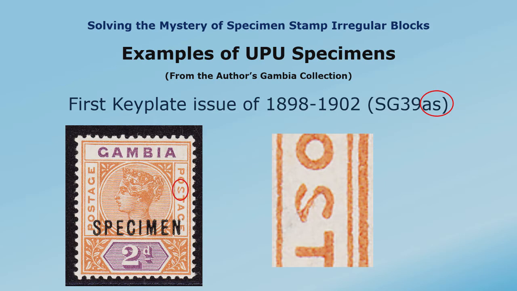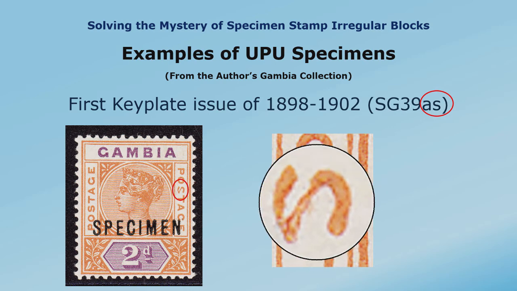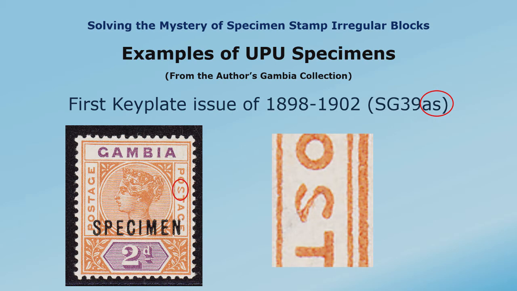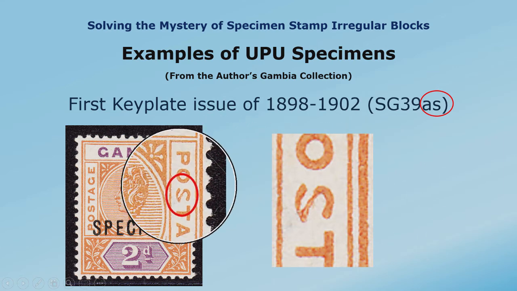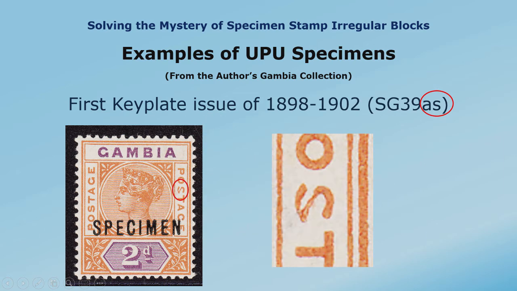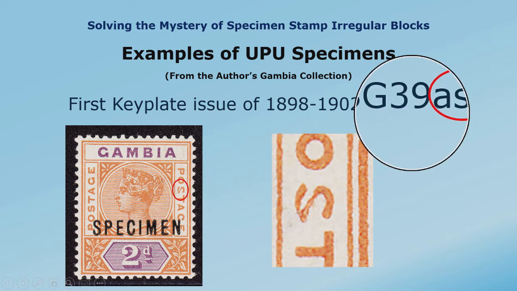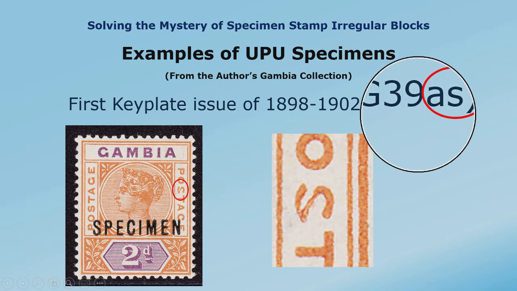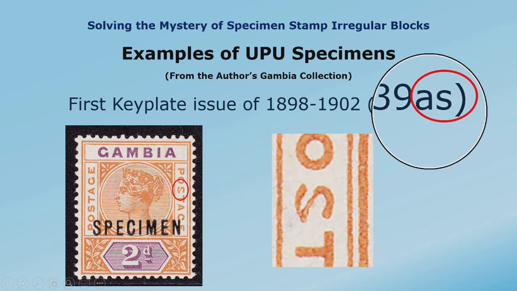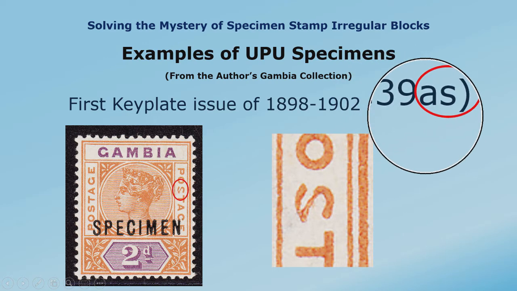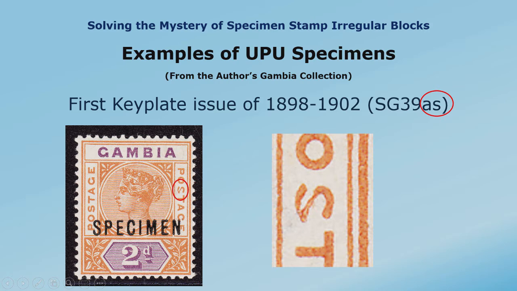And the reason is that you've got that distorted S in the word postage. So this is not just a 39S, which would be the designation for specimen, the 39A that was marked as a specimen.